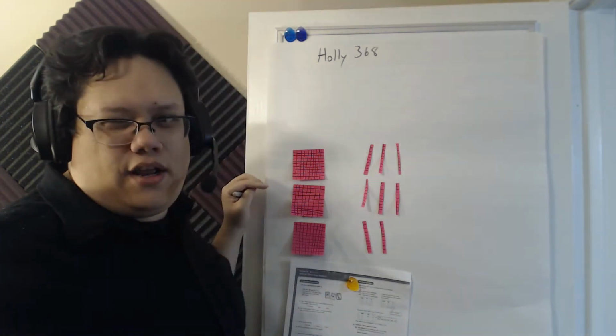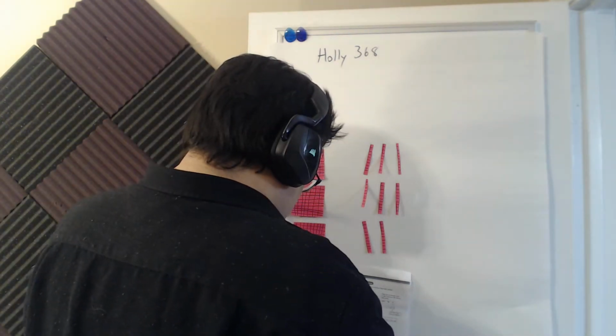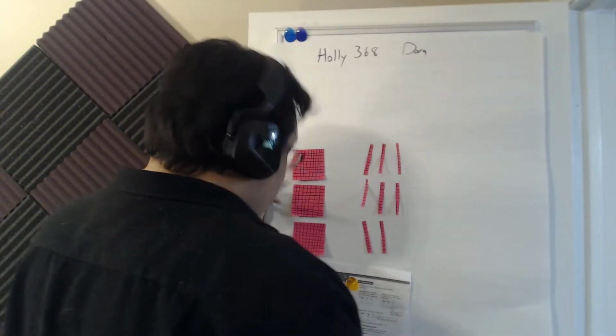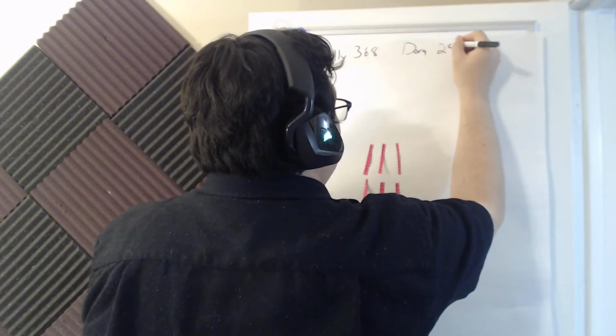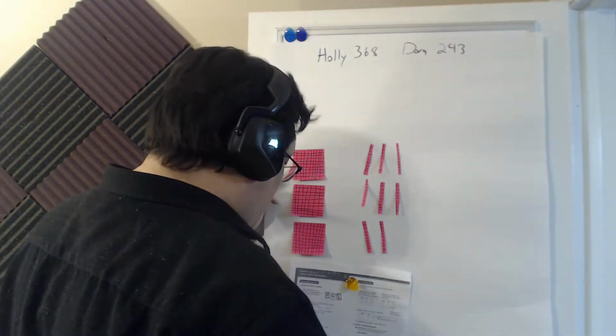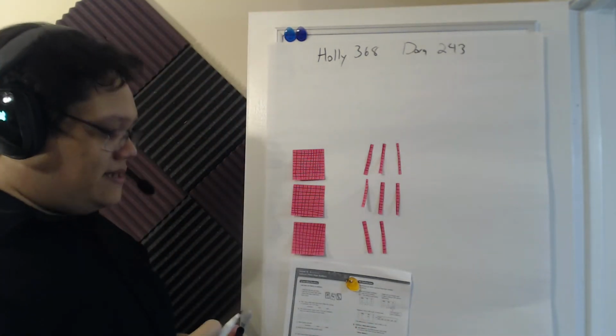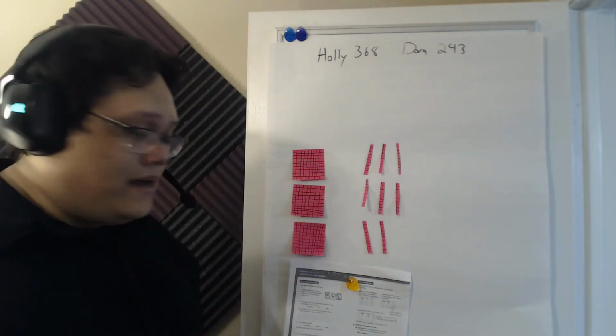So like trading cards. Dora has 243 cards. How many more cards does Holly have than Dora?